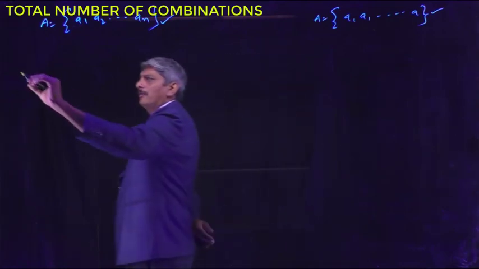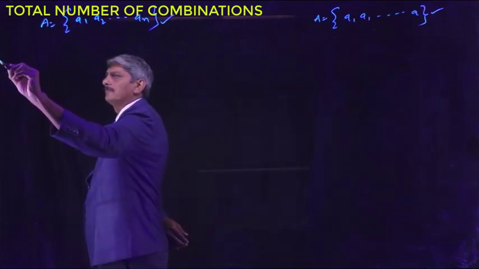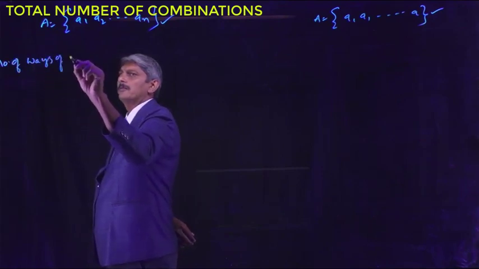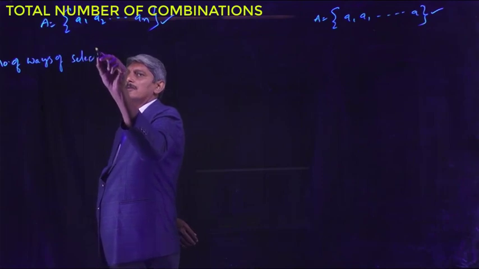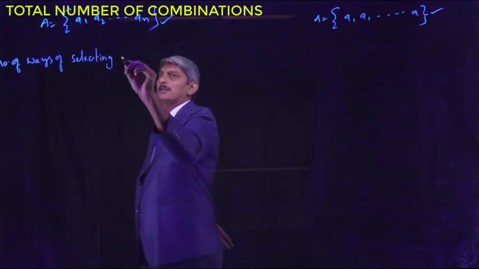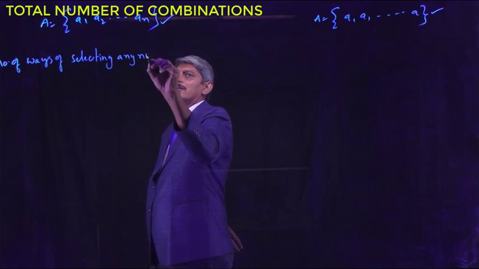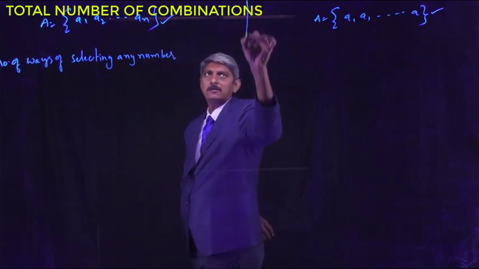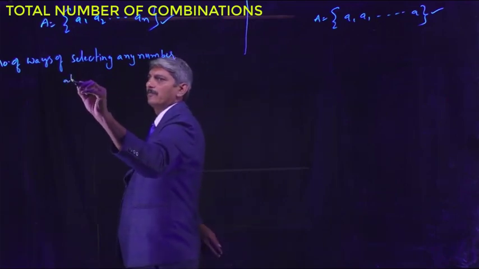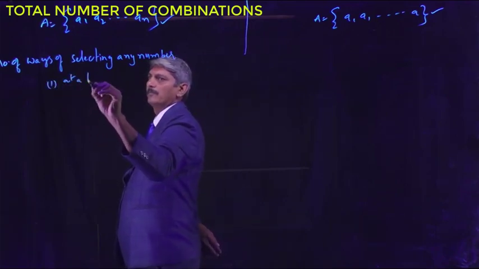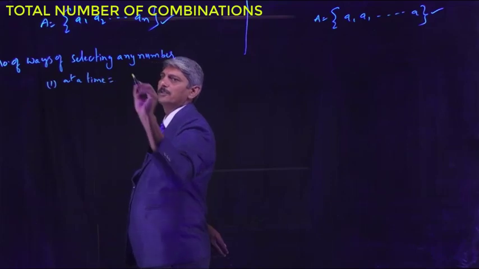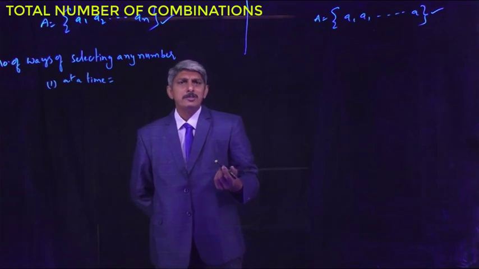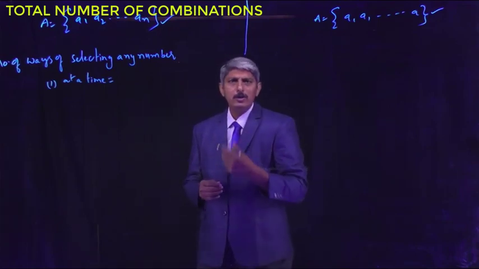Now the number of ways of selecting any number at a time is equal to, any number at a time means we consider all possibilities either 0 or 1 or 2 or 3 and so on n.